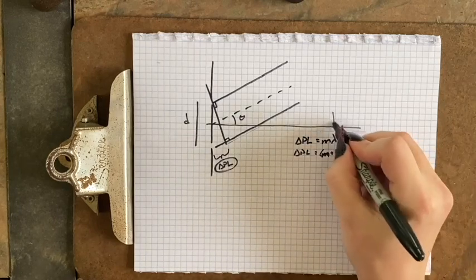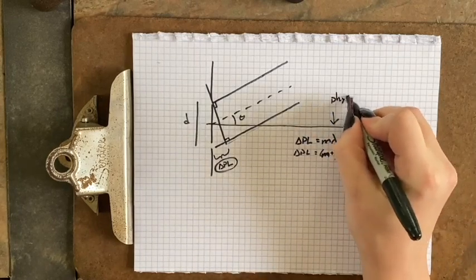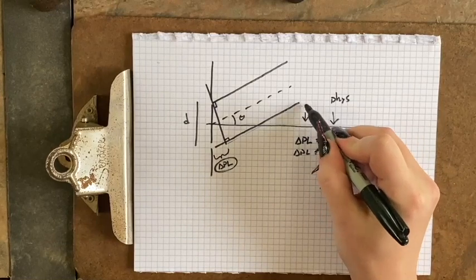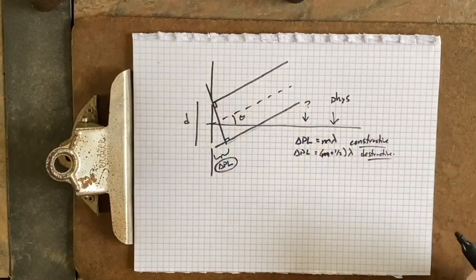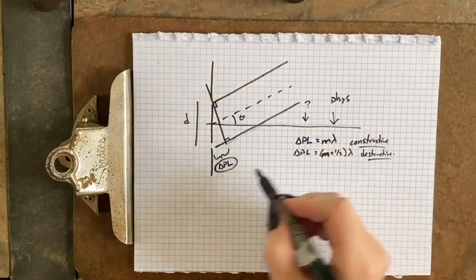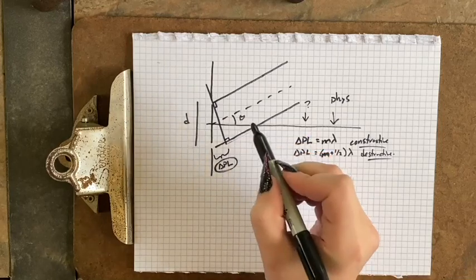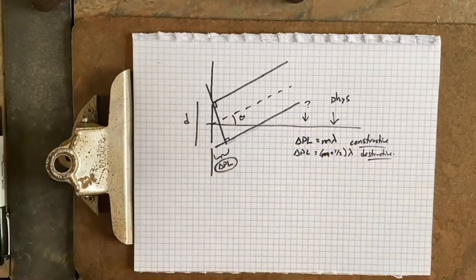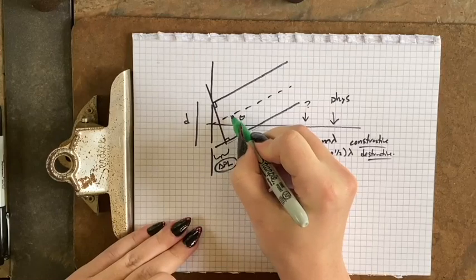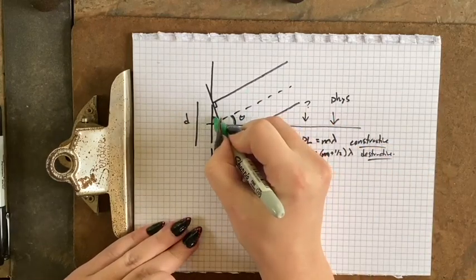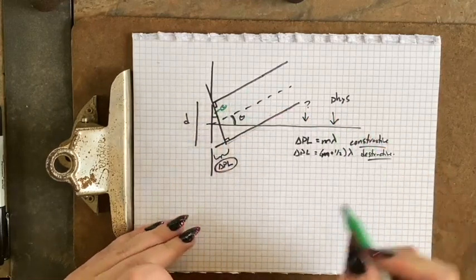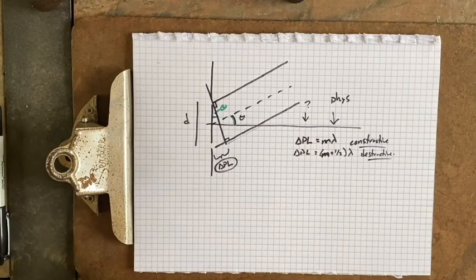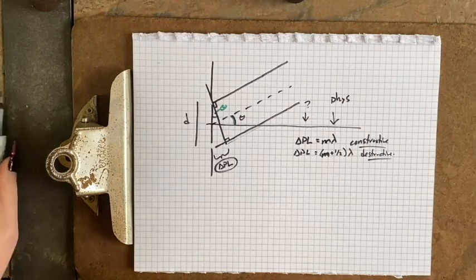So this is the physics part. What's this part? That's going to be geometry, right? So how are we going to find this delta path length? Maybe I'll get another color to highlight it. This angle, theta, is the same as that one. And you may have to go through and do the trigonometry yourself to figure that out.